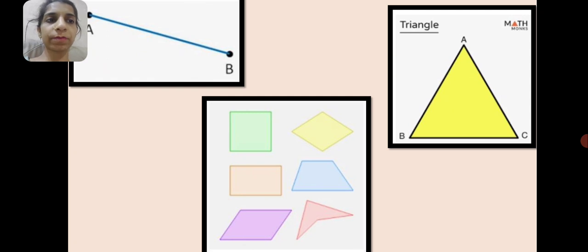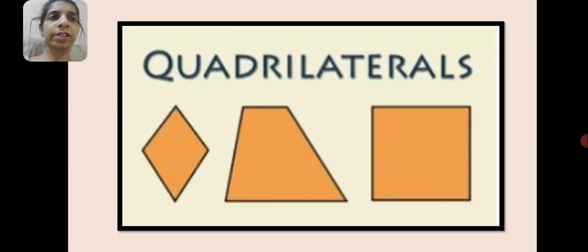What we call that four-sided polygon is a quadrilateral. So today we are going to learn about quadrilaterals in detail.